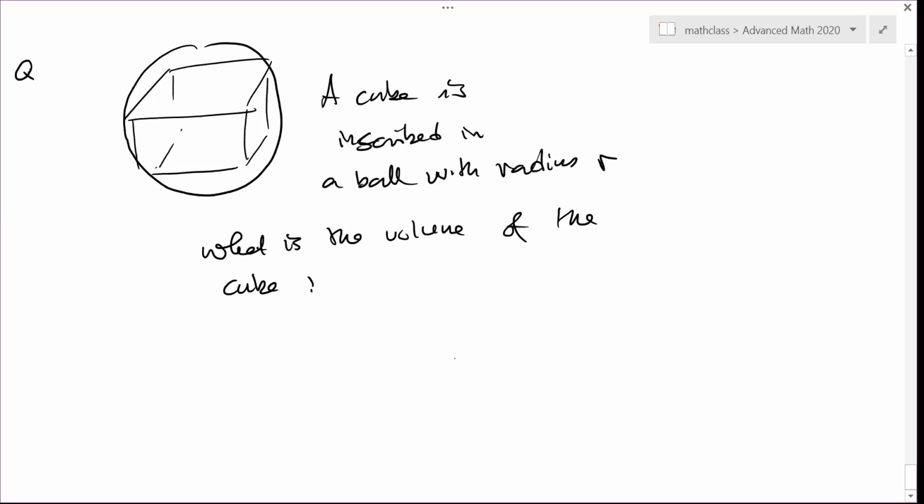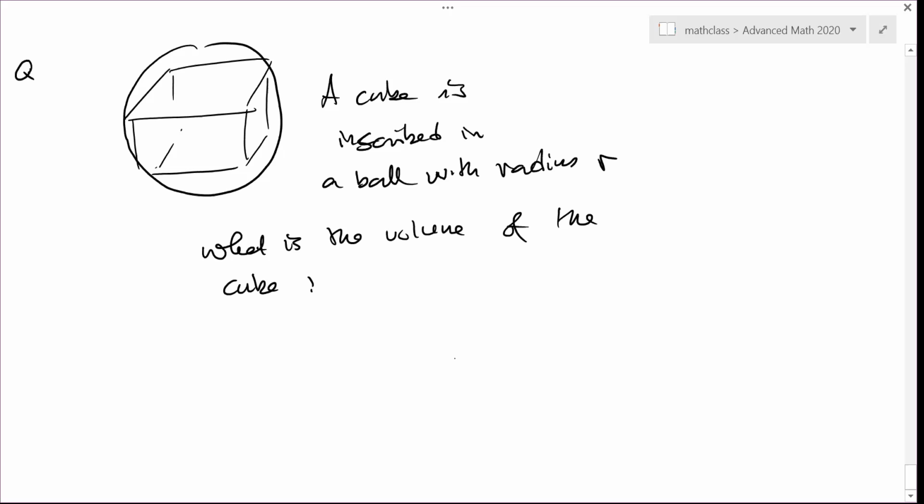So can you find the edge length of the cube? Anyone? Come on. Please do that.